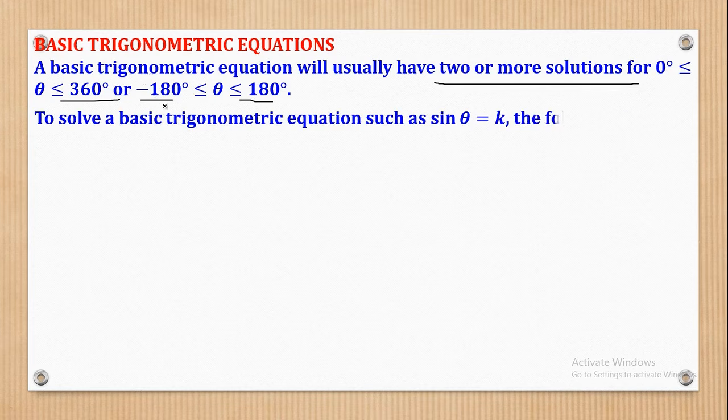Now, to solve a basic trigonometric equation such as sine x equal to k, the following steps are followed. So now from this step onwards, you need to be very, very attentive.